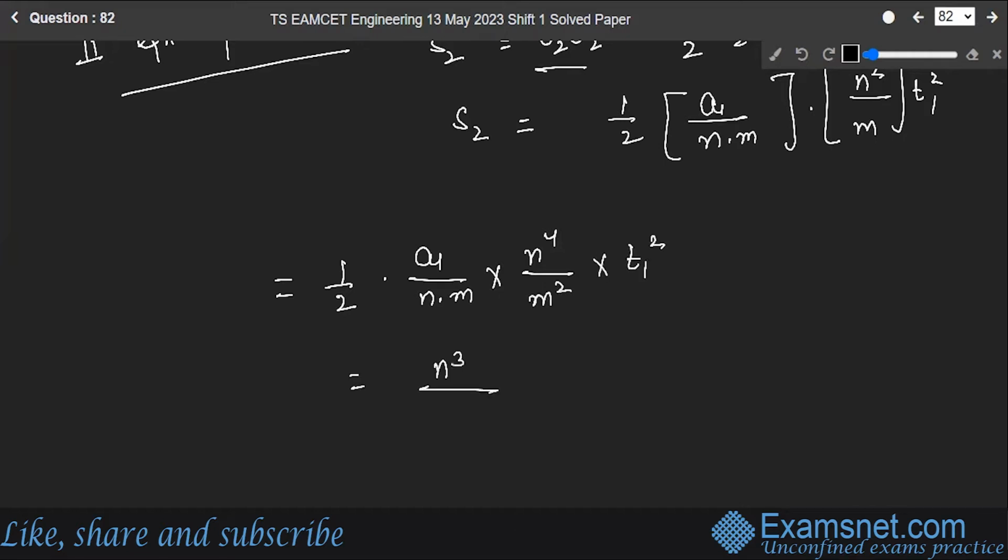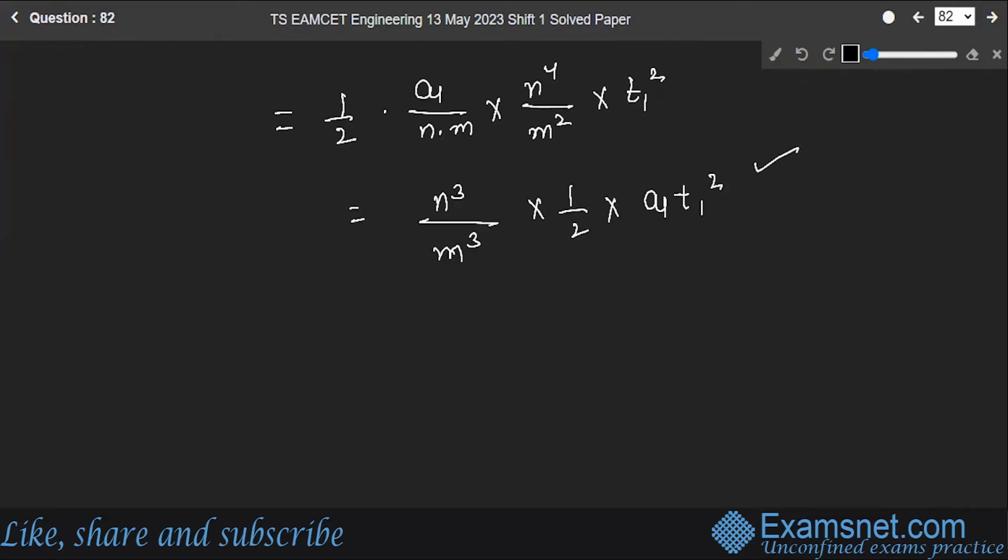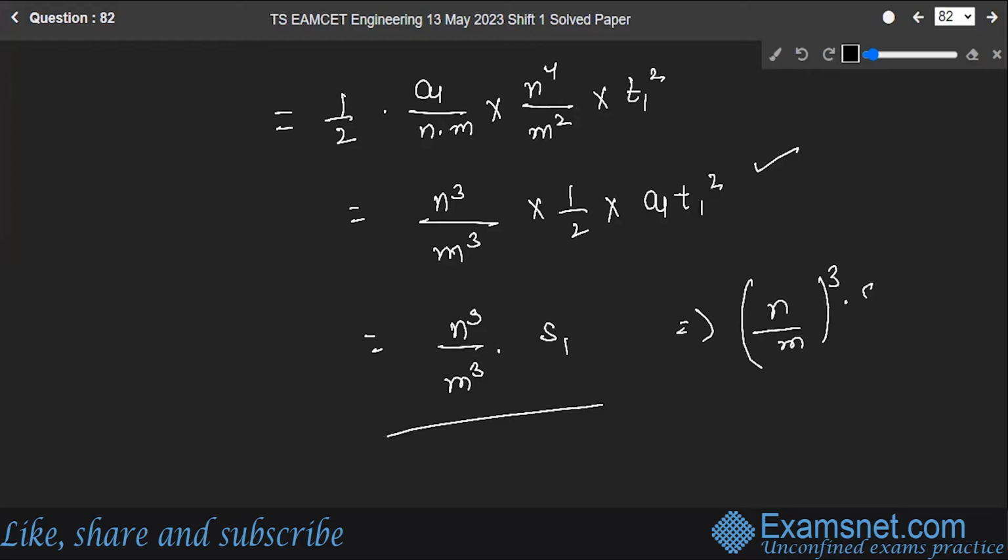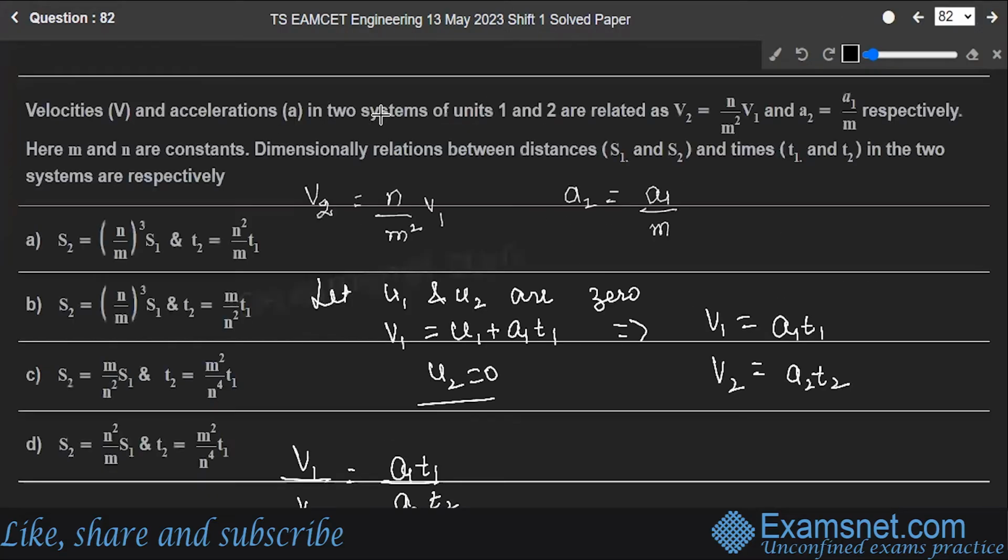Or this is n cube upon m cube into half a1 t1 square. And this is S1. So this is n cube upon m cube into S1, because half a1 t1 square is equal to S1. That makes option A the right answer.